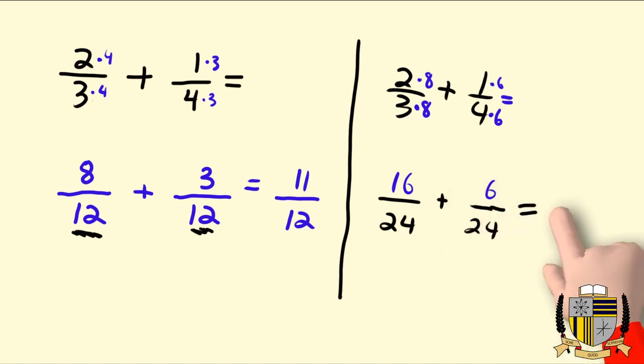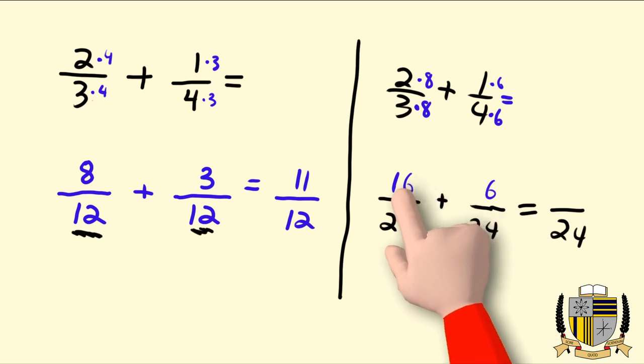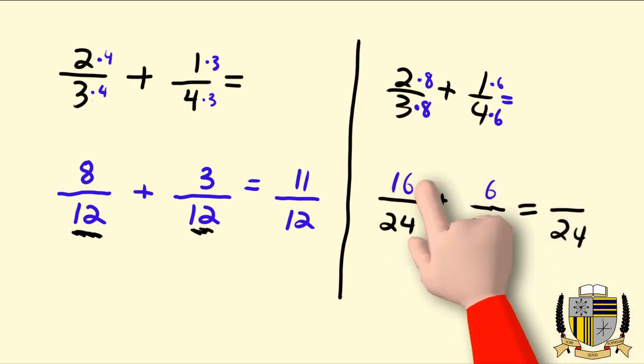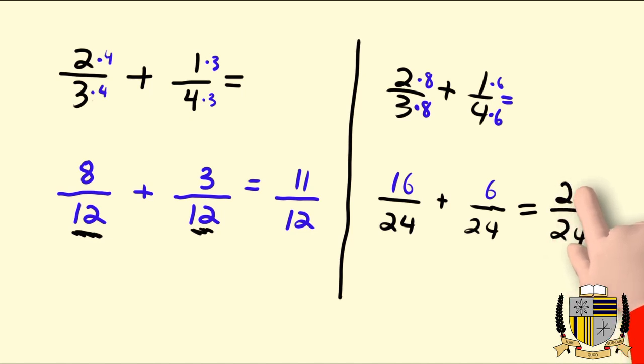We're gonna get an answer, right? We're gonna get 24 as a common denominator, and then we're gonna have 16 plus 6, which is 22. And then we're gonna have to further reduce it down, and we realize that if I divide this by 2 it's 11, and if I divide this by 2 it's 12.